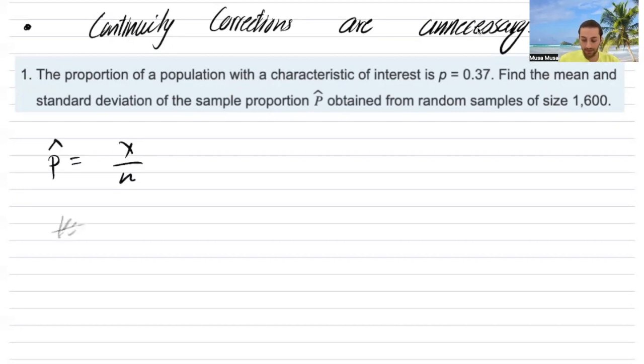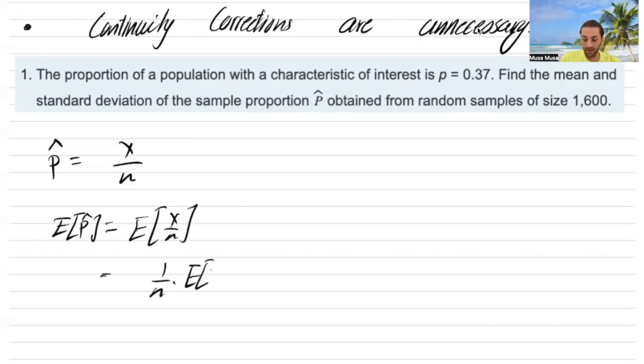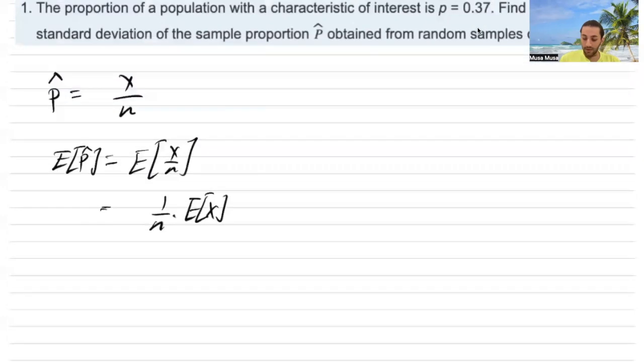So expected value of P hat is given by expected value of X on N, which is 1 on N times the expected value of X. And then this is 1 on N times NP, which is P. So expected value of P hat is 0.37.